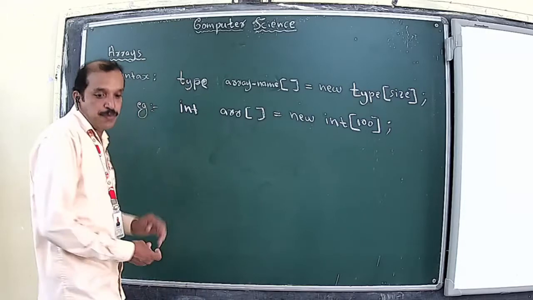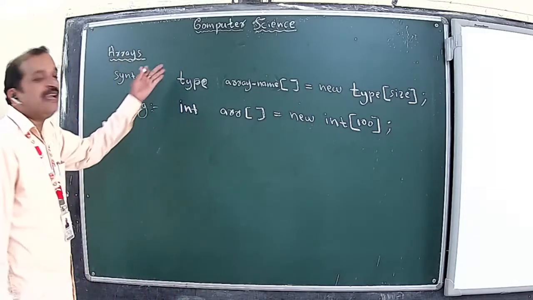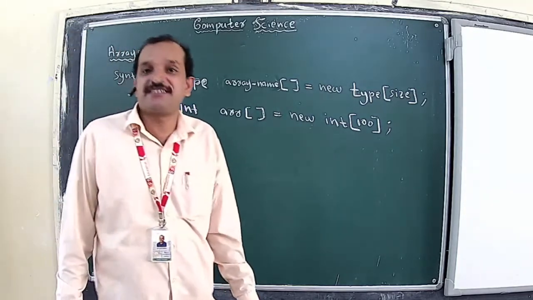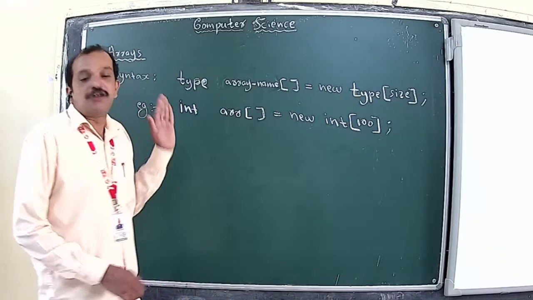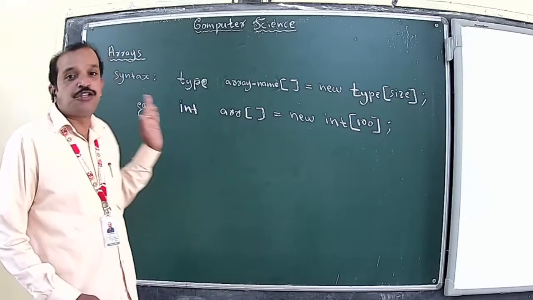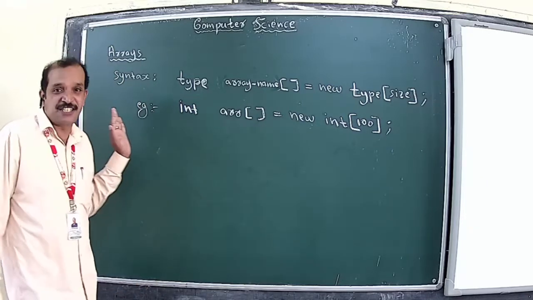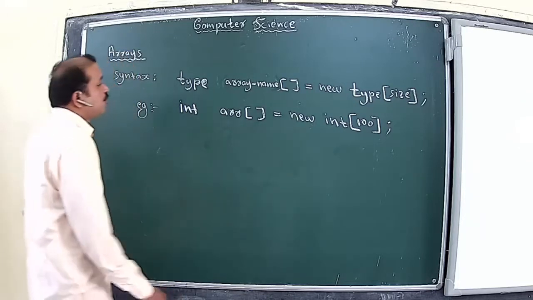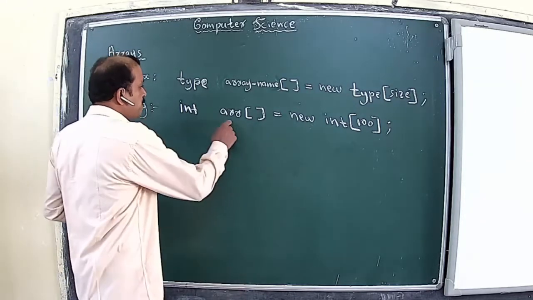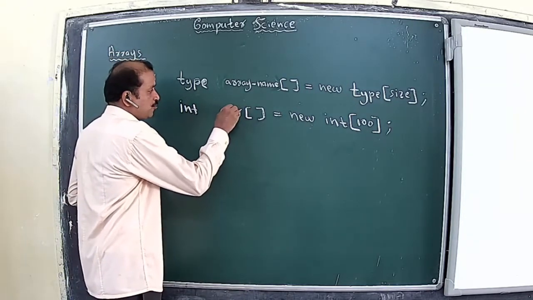Now there is another question. How can the various elements of the array be accessed, since these are all referenced by a common name? The elements of the array are mainly accessed using the index or subscript, also called indices or subscripts. Sometimes it is also called index.